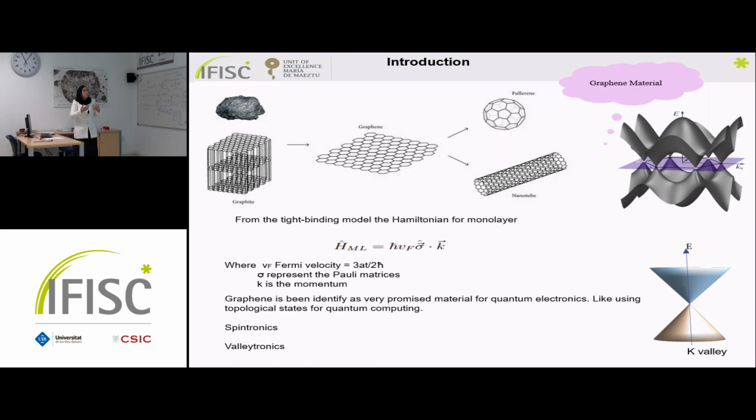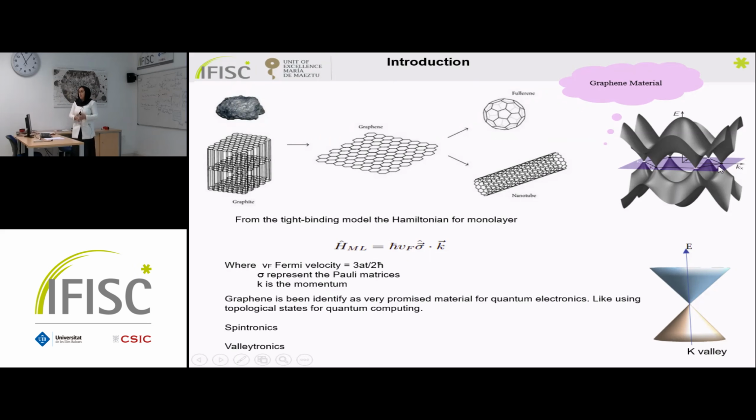The electronic structure of monolayer graphene was calculated using the tight-binding model, and this is the electronic structure represented here. We have the valence band and the conduction band, and as you see here, there are touching points called Dirac points.